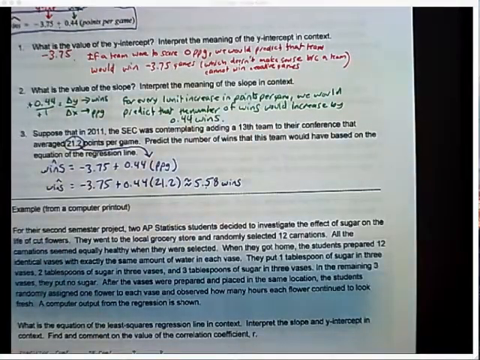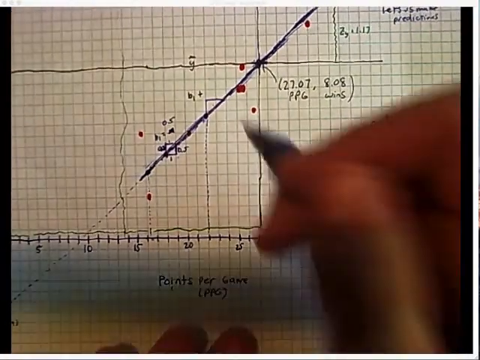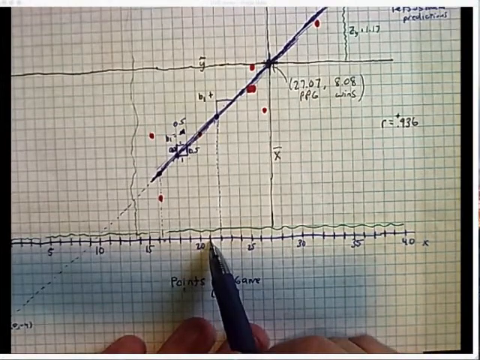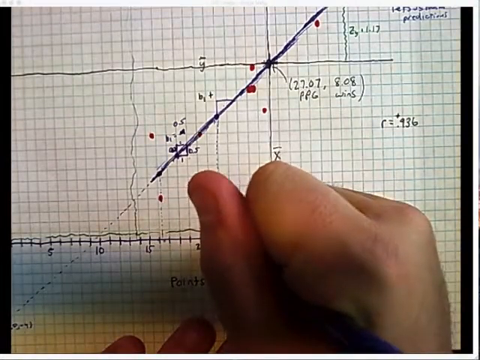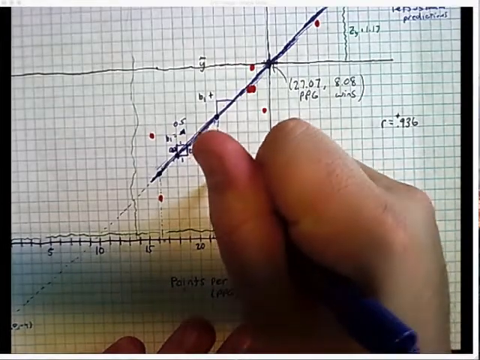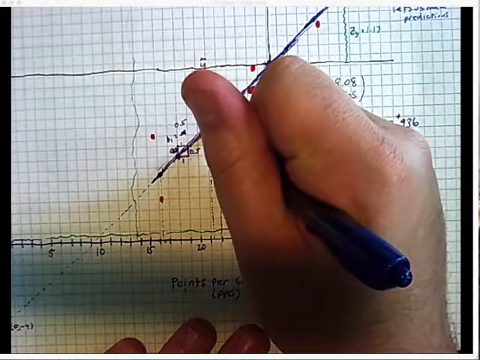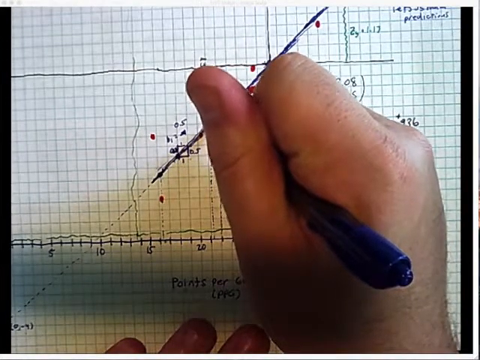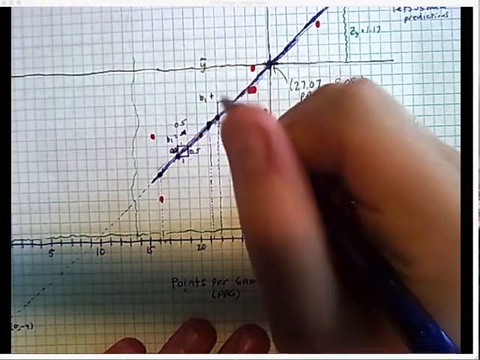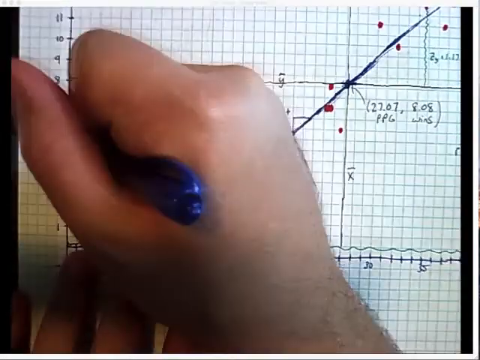And what does that mean on the graph? Let's look back on the graph at our prediction line. If another team came in with 21.2, here's 21. 21.2 is slightly more than that, maybe about right there. If you take that up and look at where it hits that blue line, it's about right here-ish, which is a little bit less than 5.5.